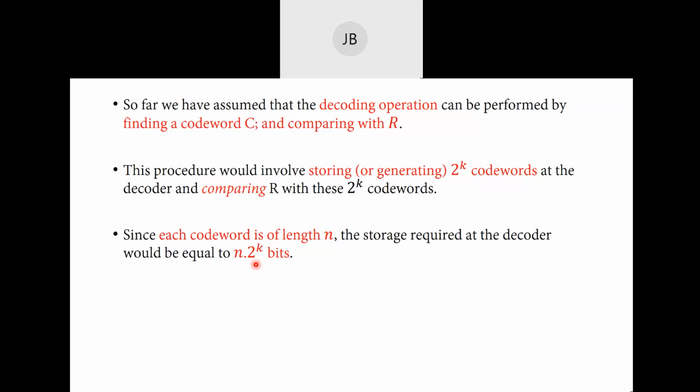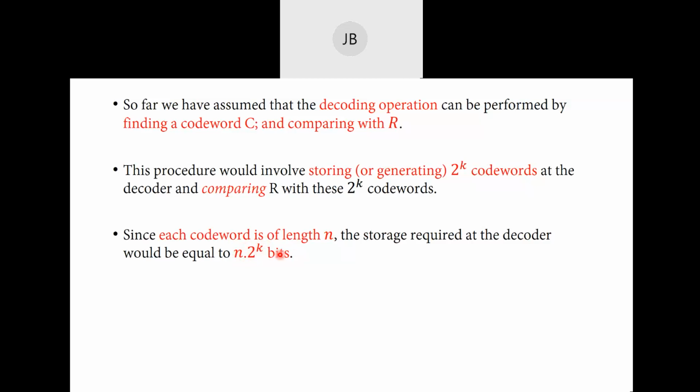So the complexity of this operation is n to power k. Because each code word is of length n, the storage required at the decoder would be n times 2 power k, because there are n bits in every code word and there are 2 power k code words. So altogether, n multiplied by 2 power k bits of storage are required. As the values of n and k increase, this becomes a too complicated operation.